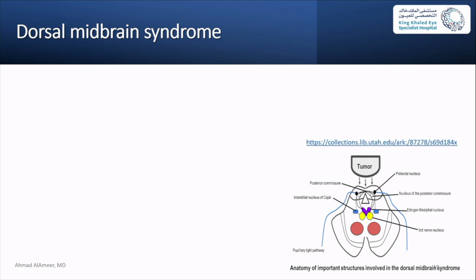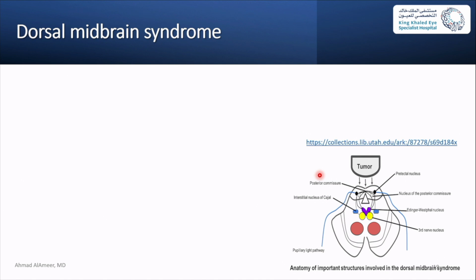All right? Another structure in the dorsal part of the midbrain is the posterior commissure, which is responsible for the supranuclear control of upgaze. If it's abnormal, the patient cannot look up.